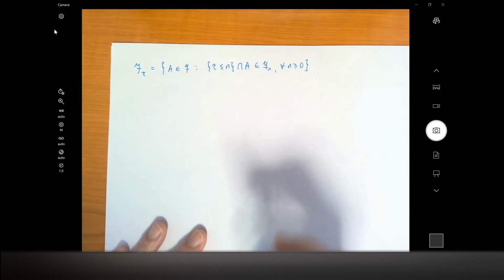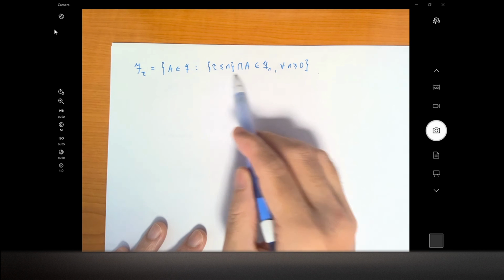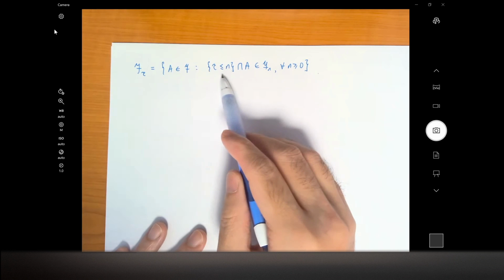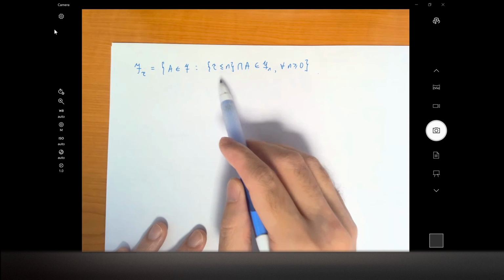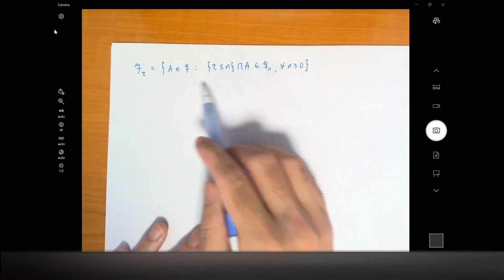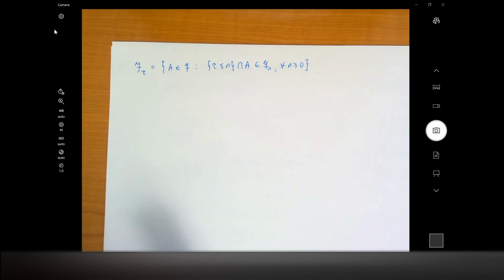So I'm able to put a probability measure, to measure the probability that my event A happens and my process stops. Basically, this is the collection of all the events such that if I look at my information structure all the way up to my stopping time tau, I'm able to determine the probability of this event.